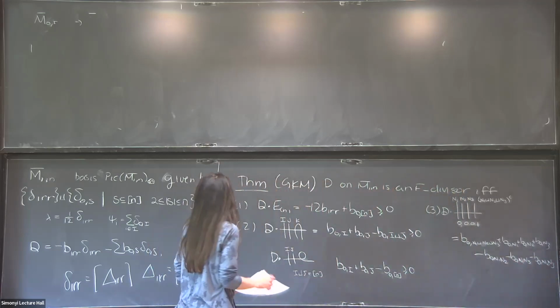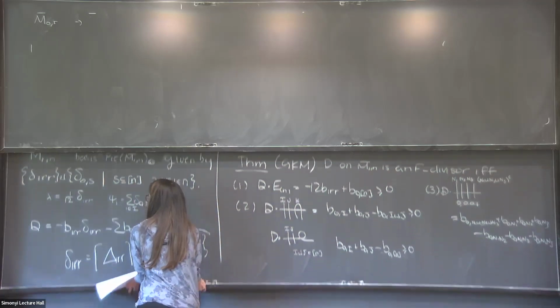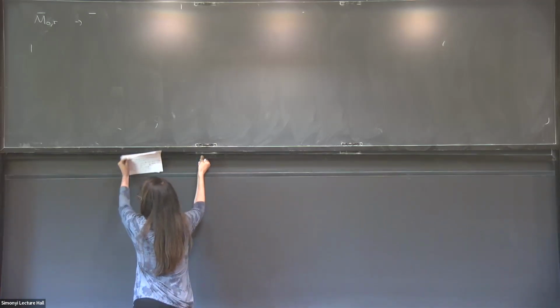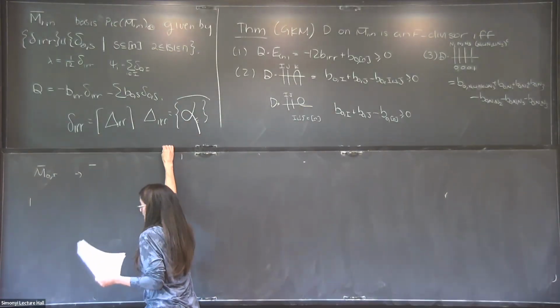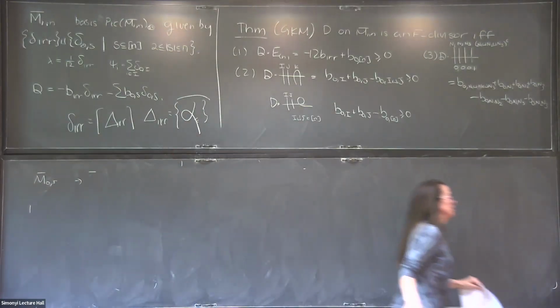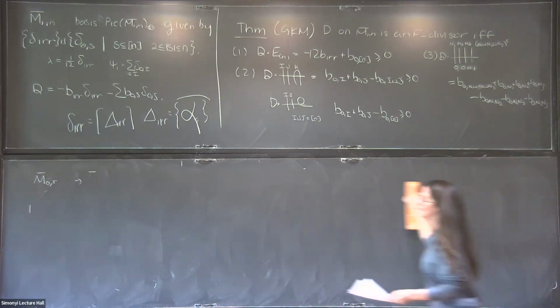And for M0, N plus 1, I find it useful to take a Pranoff basis, which isolates a single point, in this case, N plus 1.